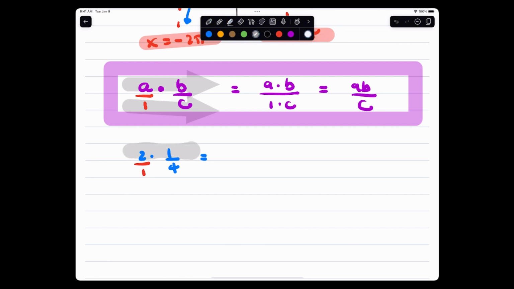You multiply horizontally what? Across. Trying to do an arrow. There we go. Two over 4, which gives you now what? 1/2.